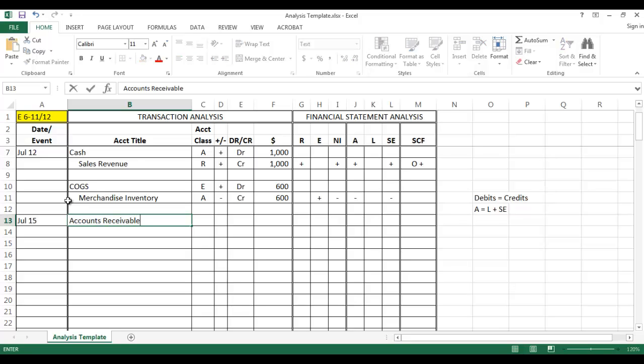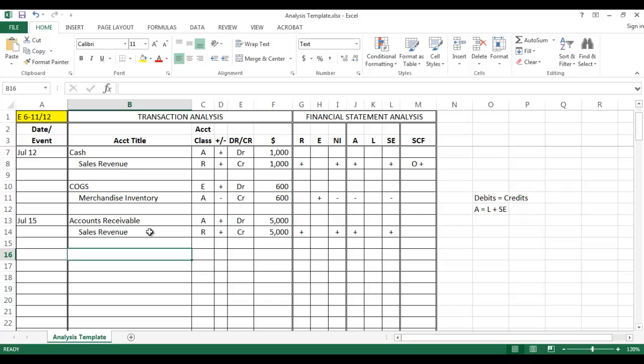Accounts receivable, it's an asset, so we'll increase that with a debit in the amount of $5,000. We can go ahead and record sales revenue for that same $5,000. We've provided the goods to the customer, we just haven't been paid yet. Here our revenue increases, so our income increases. Assets increase, as does equity, and there's no cash effect.